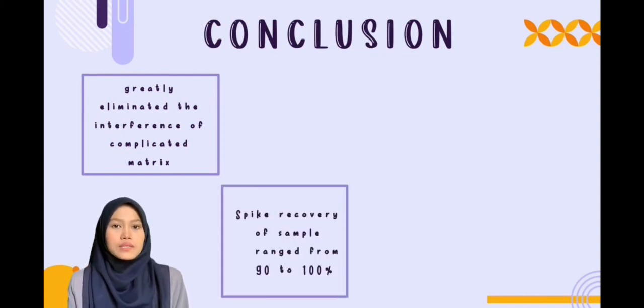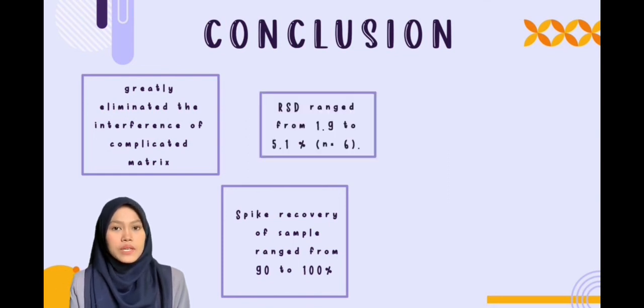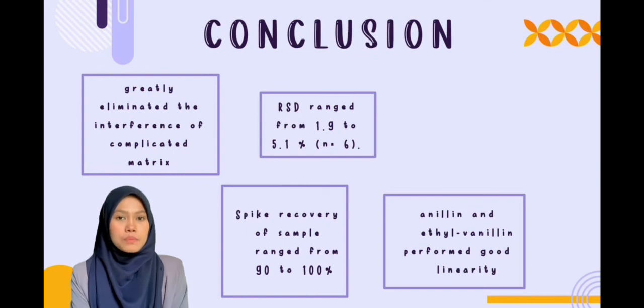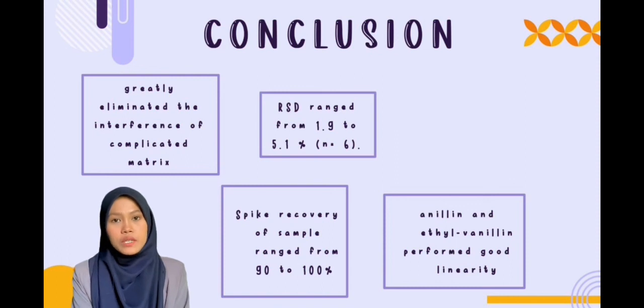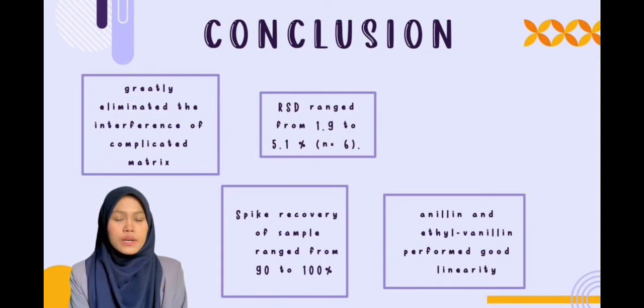With recovery ranging from 90 to 100% and RSD ranging from 1.9 to 5.1%, vanillin and ethyl vanillin show good linearity within the ranges of 0.1 to 2 mg per kilogram and 0.05 to 2 mg per kilogram, and the correlation coefficients were 0.9992 and 0.9991 respectively.